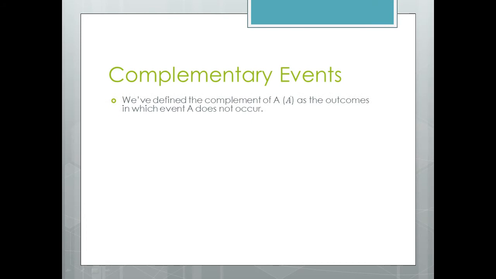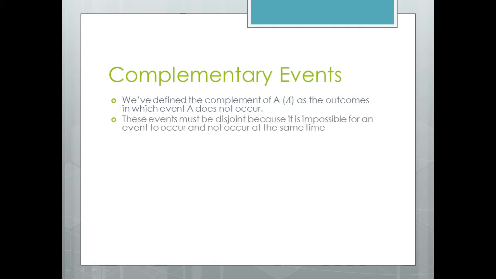Complementary events: again, we've defined the complement of A, A bar, as the outcomes in which event A doesn't occur. These events obviously have to be disjoint because how can A happen when what isn't associated with A happens? They can't happen at the same time. It's also absolutely certain, as we've said before, that event A is going to occur or event A is not going to occur.